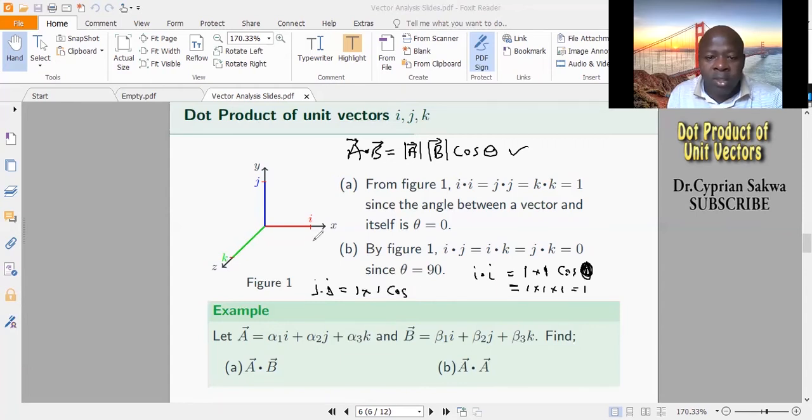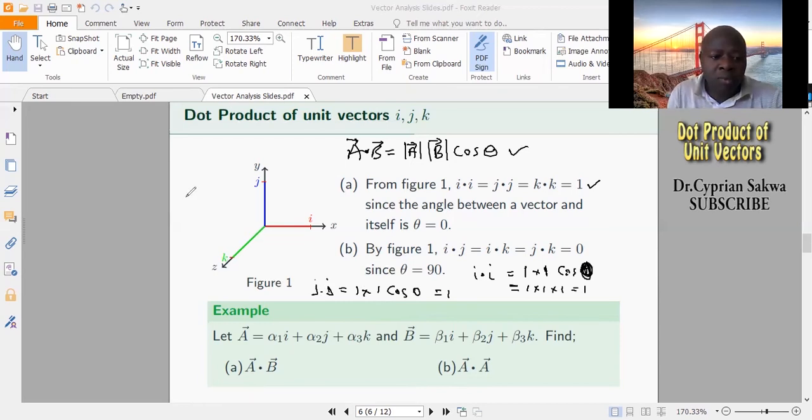Theta is the angle between j and itself, which is 0. So we have 1 times 1, and cos 0 is also 1, so this is 1. That is why, from this figure, i dot i is the same as j dot j, which is the same as k dot k, which is 1.